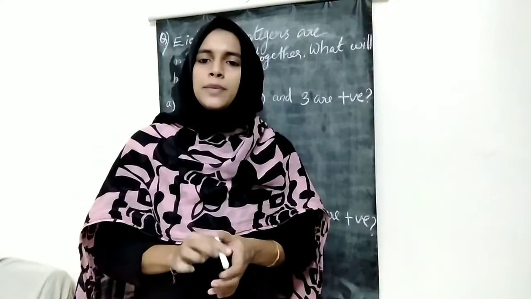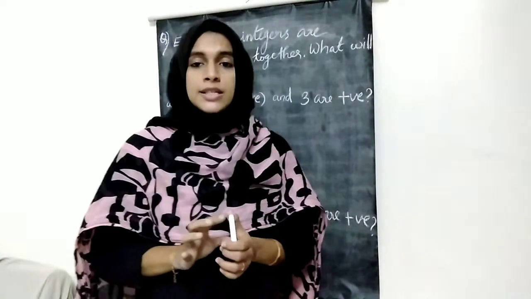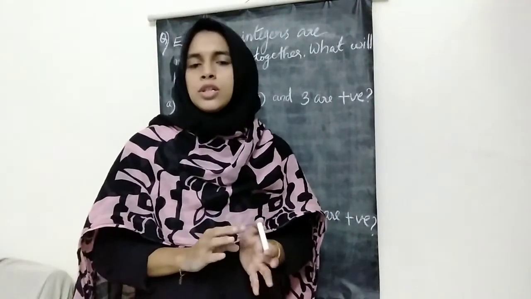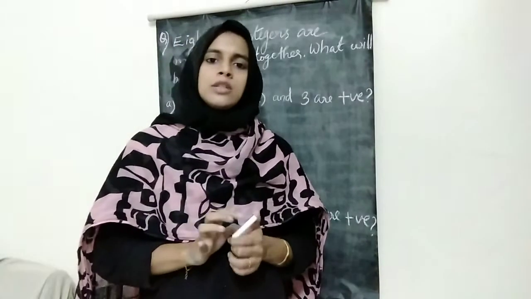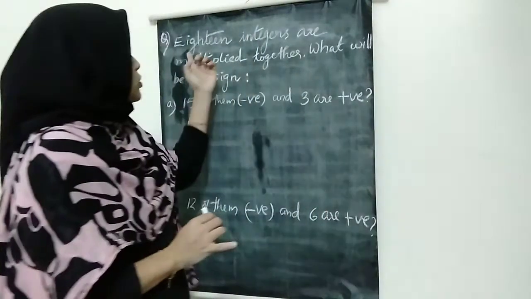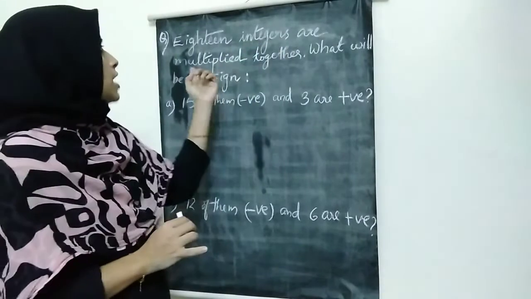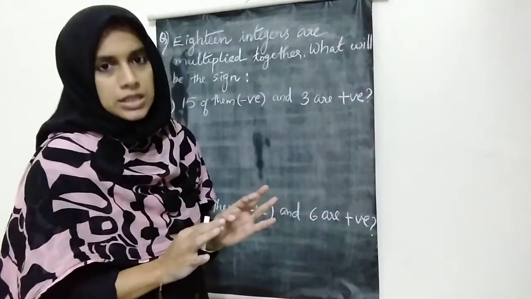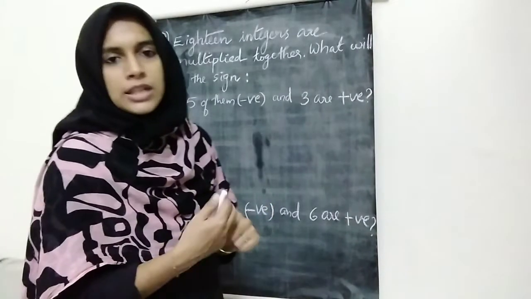Children, our next type of question is based on the sign. We have studied the multiplication of negative integer, positive integer, like that. So, here, first question, 18 integers are multiplied together. Okay, we don't know which are the signs.